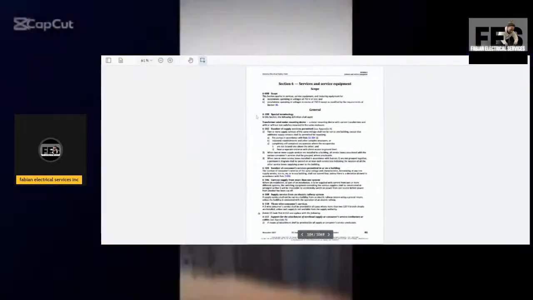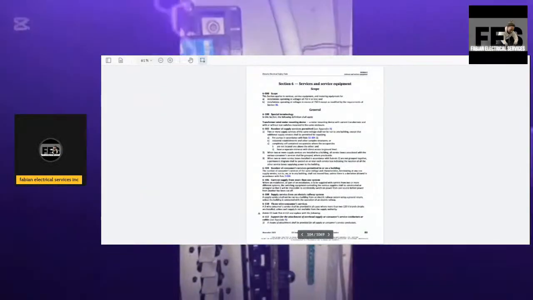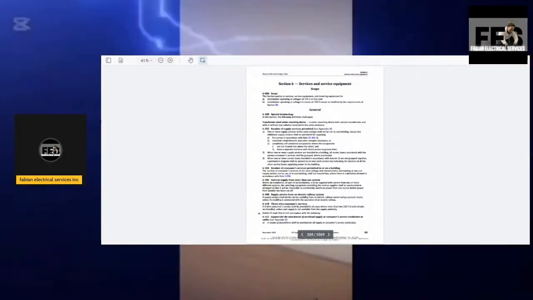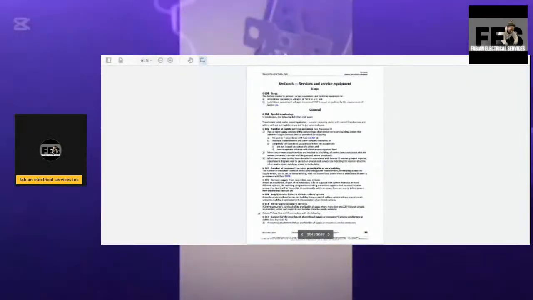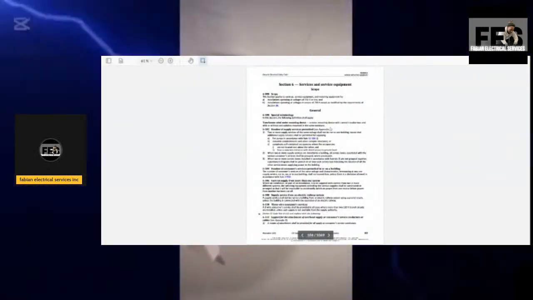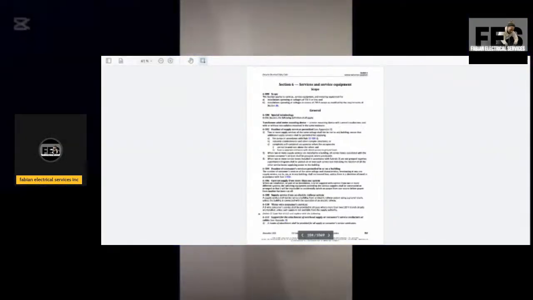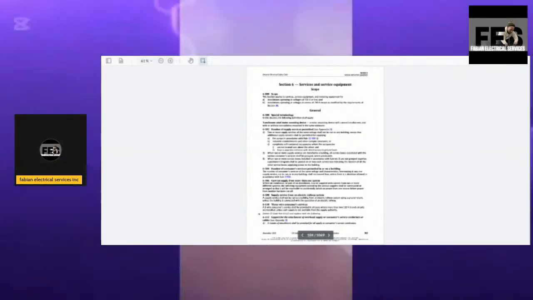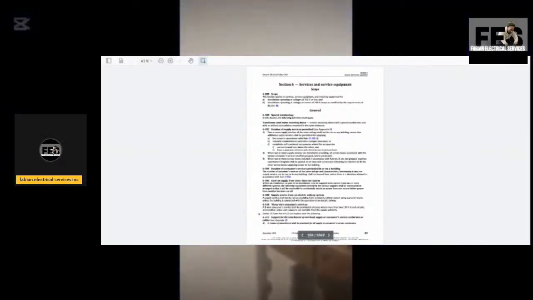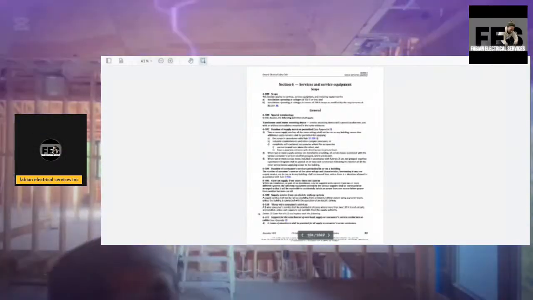Basically what this says: transformer rated meter mounting device. A meter mounting device with current transformers and with or without test switches mounted in the same enclosure. Number of supply services permitted.